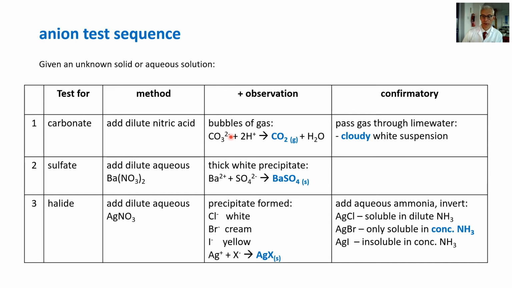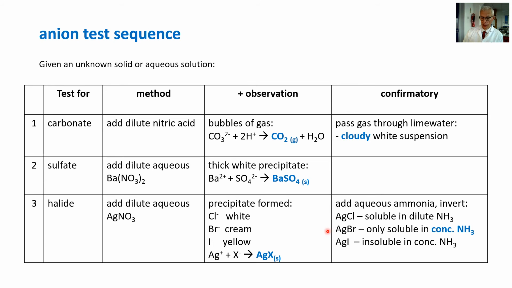Moving on to the confirmatory test. If you add aqueous ammonia and invert the test tube, then if you find your precipitate is soluble in dilute ammonia, then that is a silver chloride. In other words, the halide is chloride.